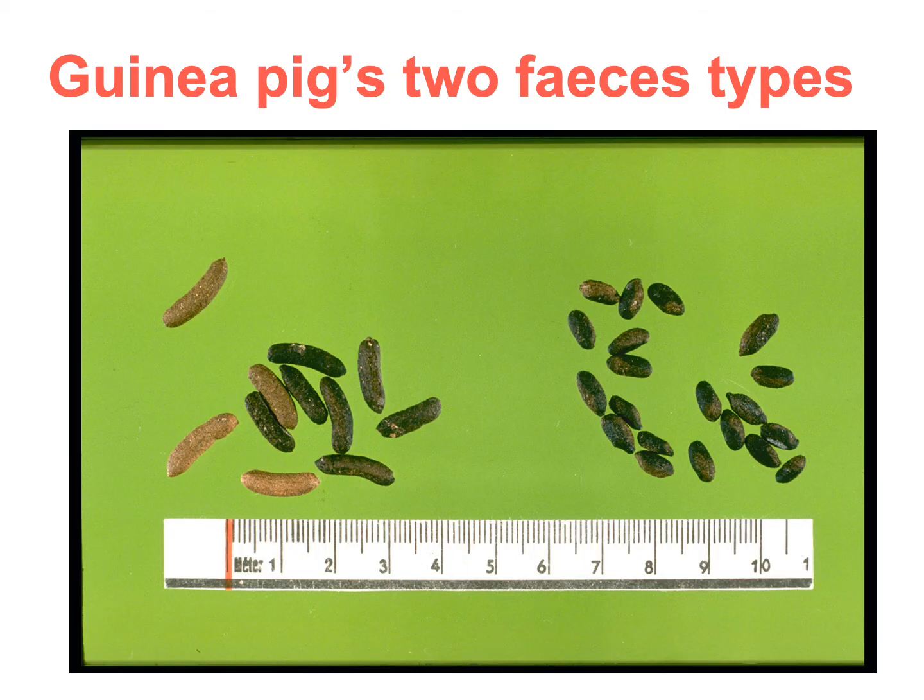The next picture shows us the guinea pig's two types of feces. On the left side you see the yellow croissant-like normal feces. On the right side you see the black, smaller, cucumber seed-like cecotroph content.